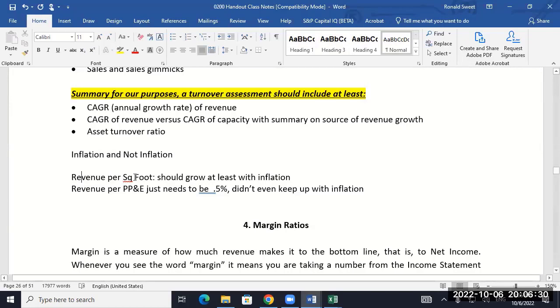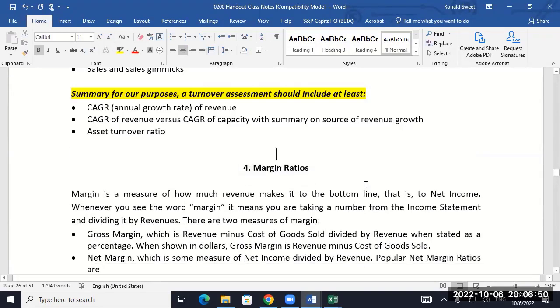So if you're dividing a dollar by a dollar, don't mention inflation. Dollar by a non-dollar item like employees, or square feet or stores or pipelines or whatever, you want to make sure they grow at least with inflation. So be careful on that. I get the word inflation in there too many times.